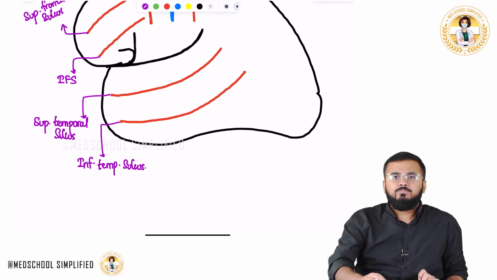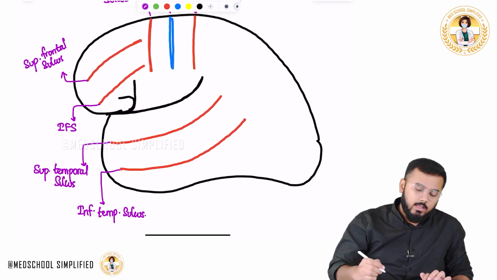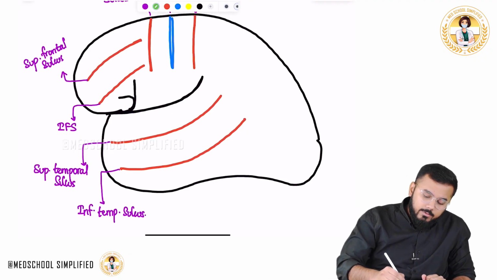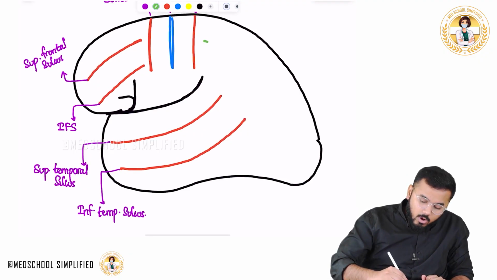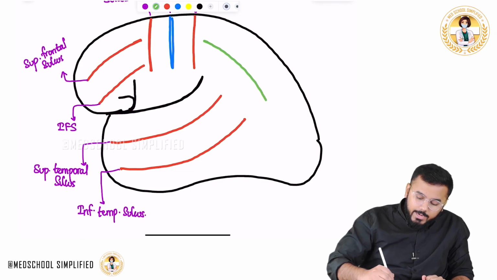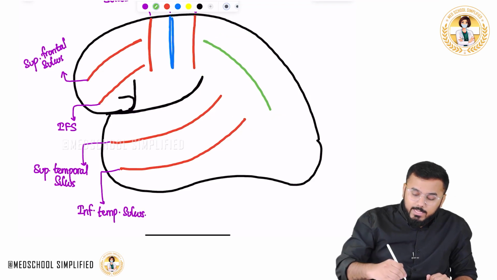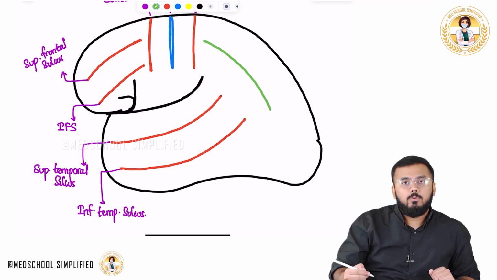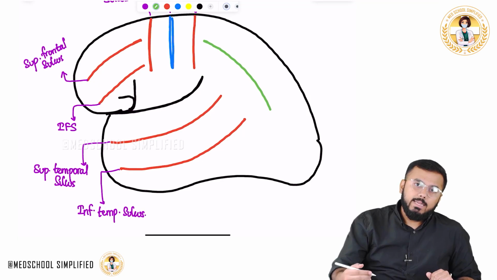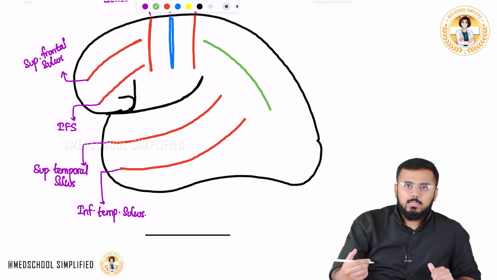Next important thing: if I draw a line like this in the parietal lobe, all of you know that this entire lobe is called the parietal lobe. In the center of the parietal lobe, if I draw a line, can I call it the intraparietal sulcus?